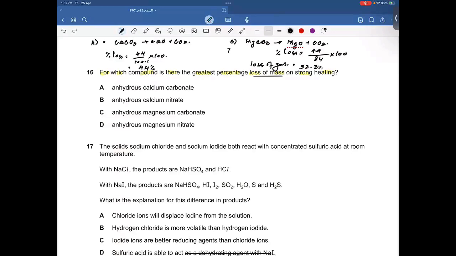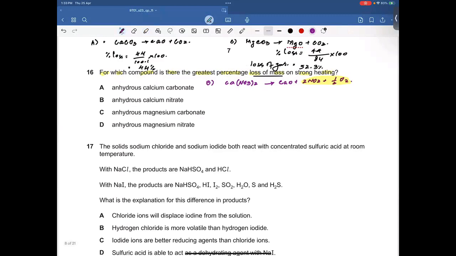That's a very tough question because we need to attempt each and every option here. Let's talk about B. Oh my goodness, we need to make the equation first. This is calcium nitrate. It is converting into calcium oxide, nitrogen dioxide, and oxygen. Now we need to find out the moles of these gases. That's a lot of calculation, guys.